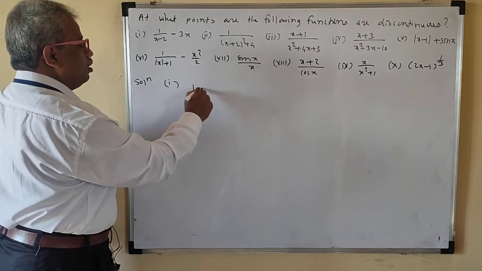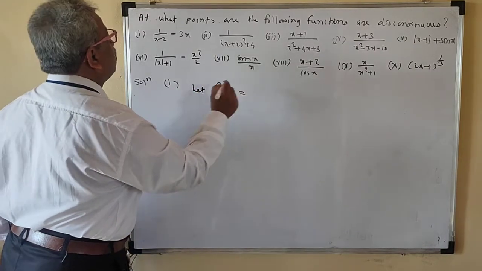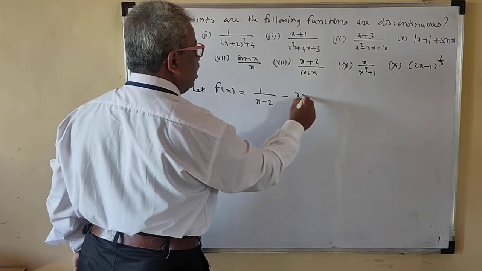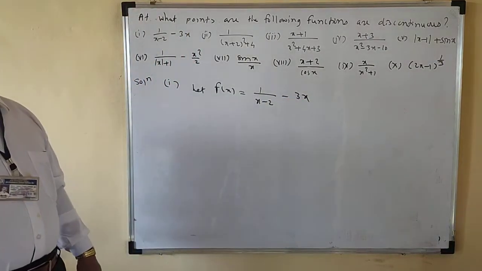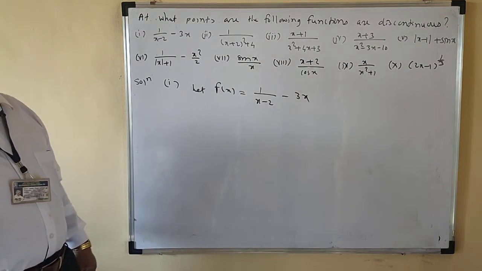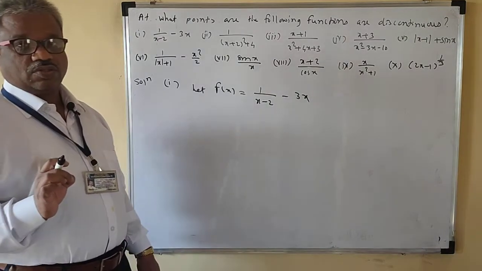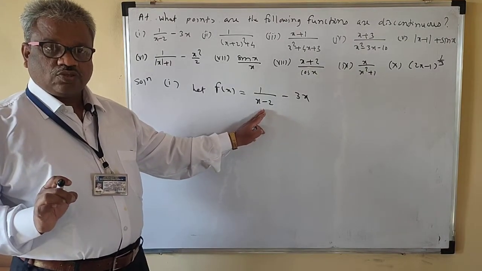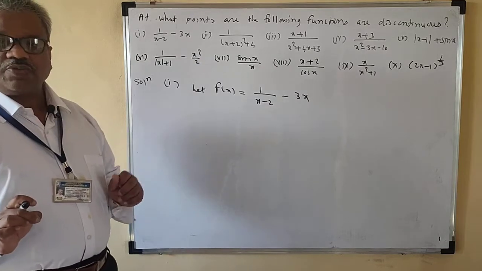Let f of x is equal to 1 upon x minus 2, minus 3x. So what you have to do? You have to find a point where your function does not exist. Now here there is a denominator x minus 2. So if x is equal to 2, then the function is not well defined.